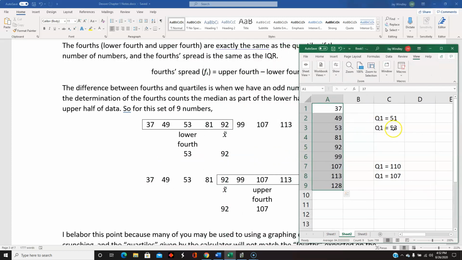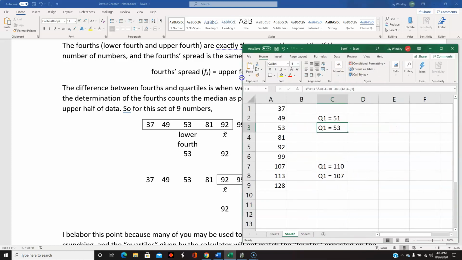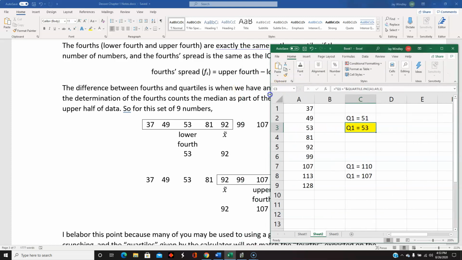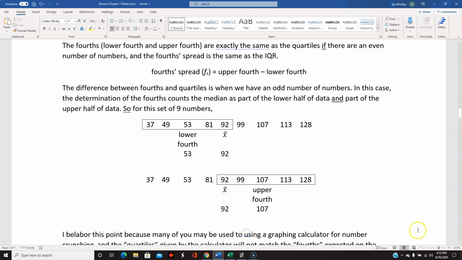So this one here, the 53, and this one here, the 107, those match up exactly with what our book calls the fourths, but the 51 and the 110 matches up with what we found earlier for the quartiles. So Excel gives us a way to do it either way.